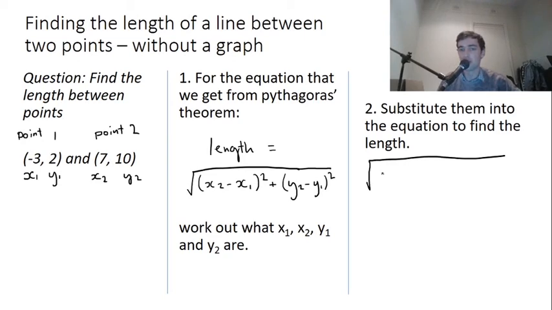So we write the square root, we write the first bracket. When we get up to x2, we substitute a number for it. We go right all the way over here and find out what x2 is. x2 is 7 minus x1. We have to find out what x1 is. Now, keep in mind x1 is -3. You've got a minus here.